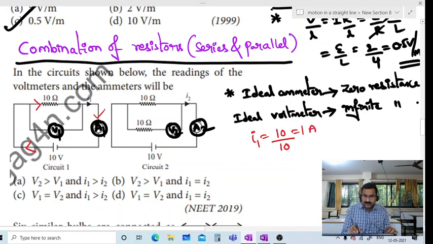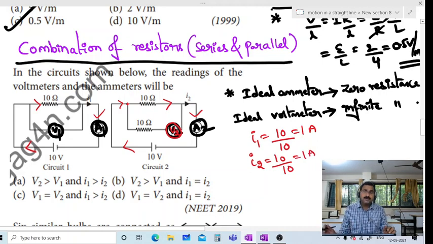Second case, again the voltmeter is here only, so it offers infinite resistance. So the current will come here, it reaches the junction, but it doesn't go through this one because the voltmeter offers infinite resistance. Again it will go and come back like this. So in the second case also, I2 is equal to 10 divided by 10, this resistance being ineffective and not required. That is 1 ampere.